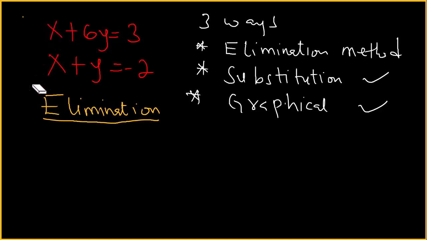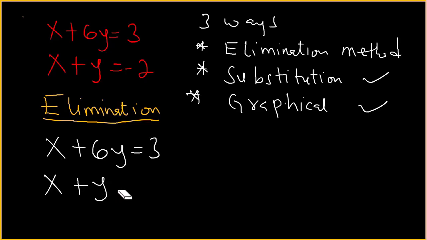The second equation also has a coefficient of 1. So to eliminate this, we introduce an operation, x plus 6y, minus x plus y.